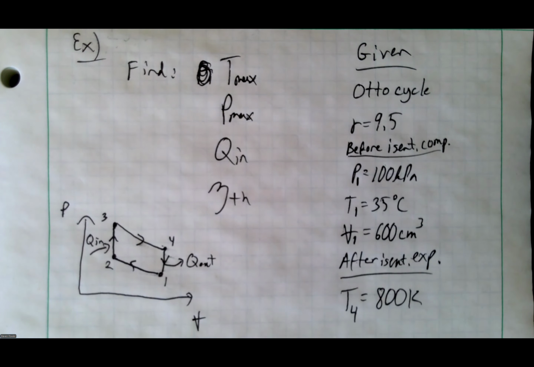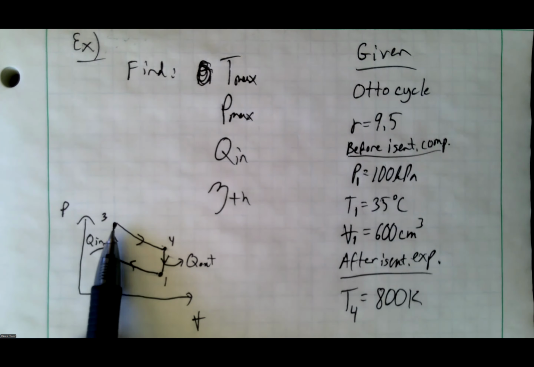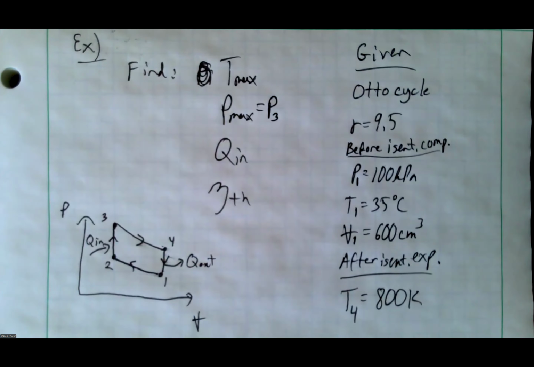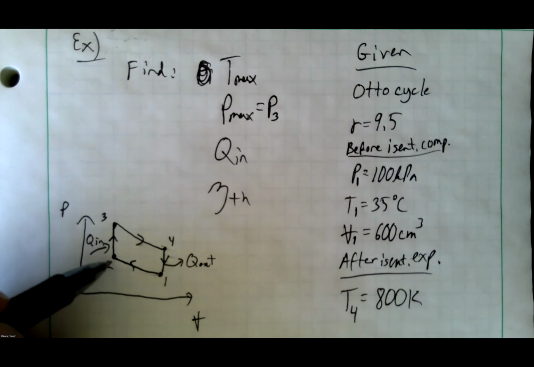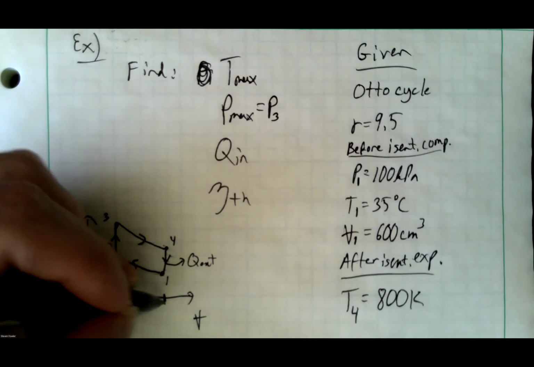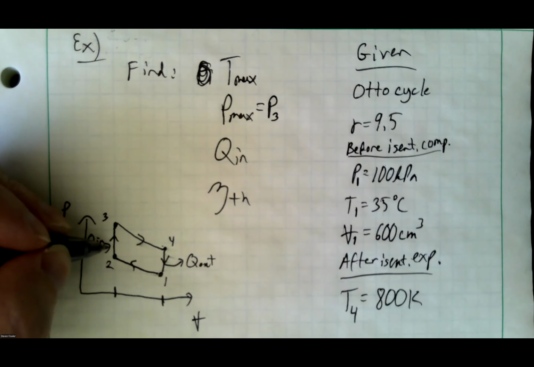So where do T max and P max occur? Well, for sure, you can see from this diagram, P max is this point right here. We know for sure that's going to be P3. T max is most likely state 3, because if you look at what's going on here, I'm holding volume constant from state 2 to 3, and I'm dumping a whole bunch of heat into it.